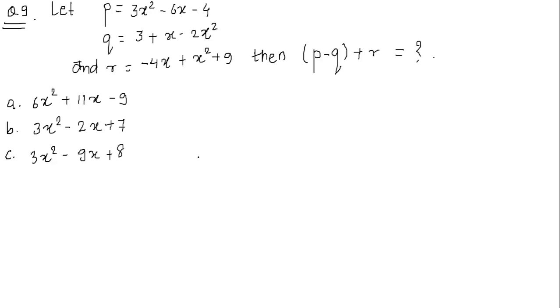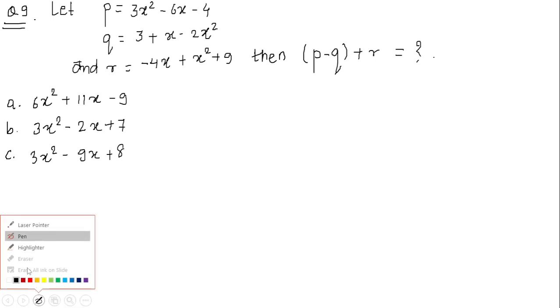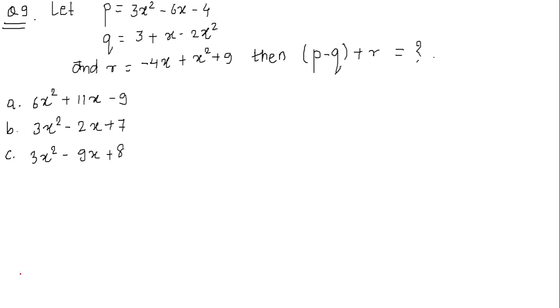Let p is equal to 3x square minus 6x minus 4. Q is equal to 3 plus x minus 2x square, and the value of r they have mentioned. Basically they have mentioned the value of p, value of q and value of r. We have to find the value of p minus q plus r.